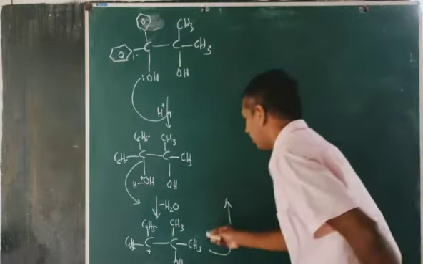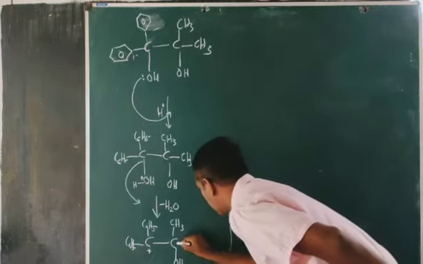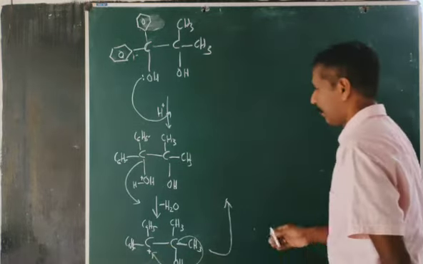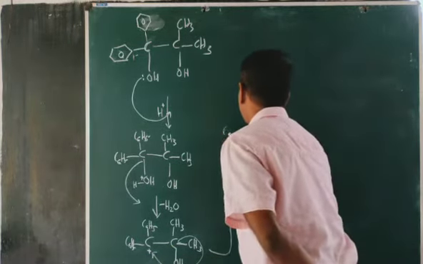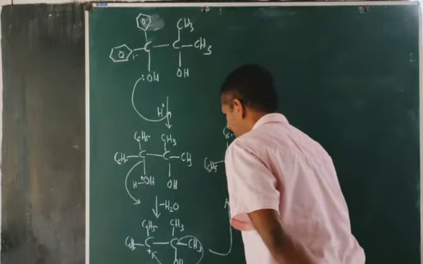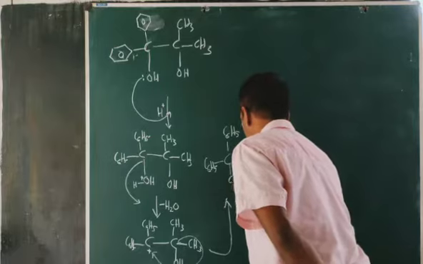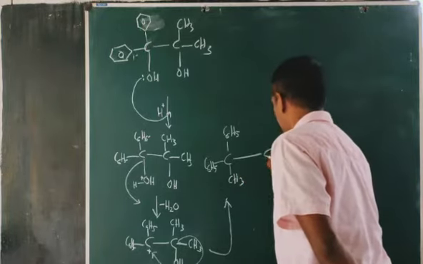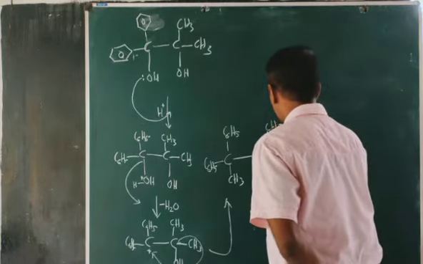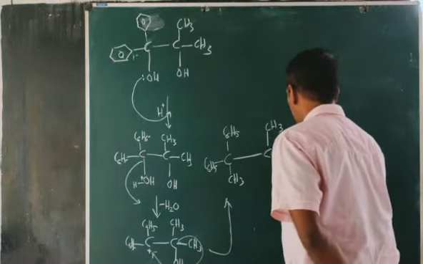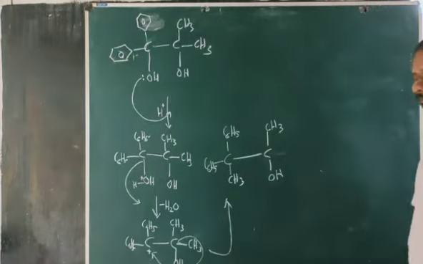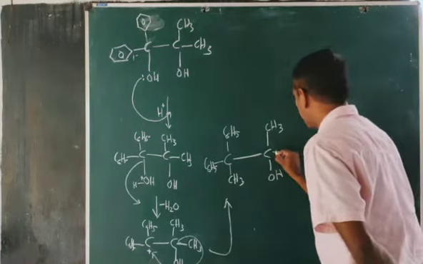We can show it like this: this CH3 group is migrating towards the positively charged carbon, and we get C6H5, here also C6H5, and here it will become CH3, and here it is OH. Correct?